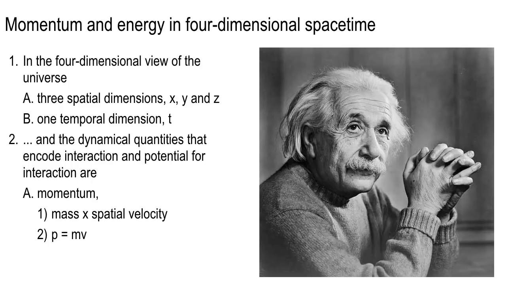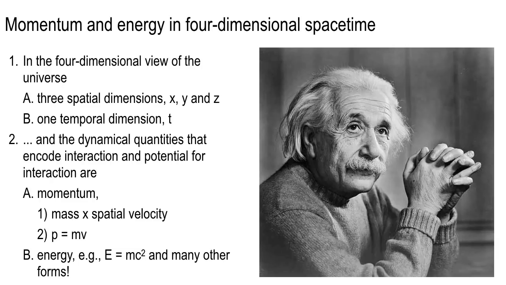The second dynamical quantity that encodes interaction is called energy. You've all probably seen this famous formula, E equals mc squared. Energy is equal to the mass of an object times the square of the speed of light.